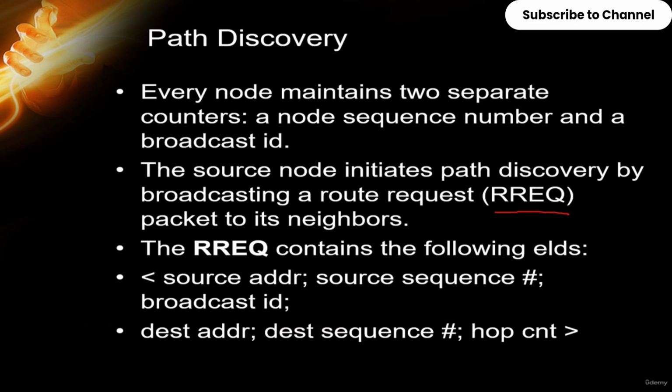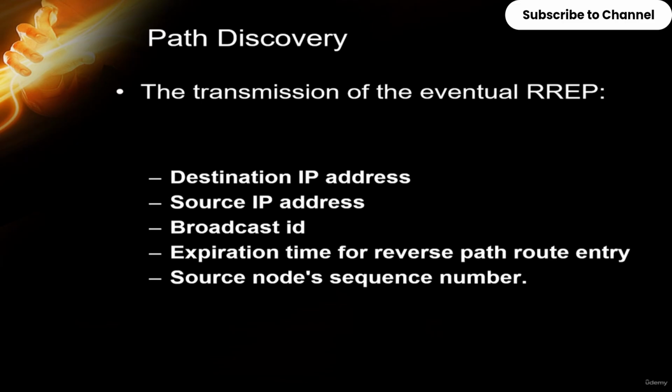Each neighbor either satisfies the RREQ by sending a route reply. So if the particular node has a route, it sends the route reply message, saying, I have a route for you to communicate with the particular node. Like that, a route reply message will be sent by the neighboring nodes.